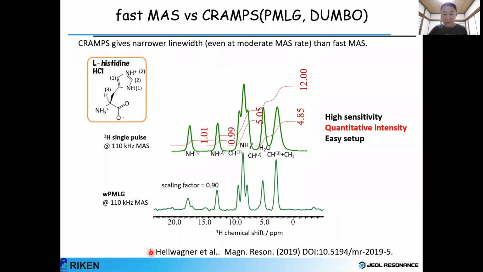The detailed discussion is published by Matthias Ernst, I think earlier this year. But there is much discussion. The bottom line is, for example, inhomogeneity of the RF field also provides broadening. It can be a source of broadening in the PMLG experiment.